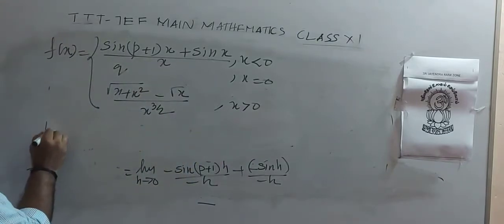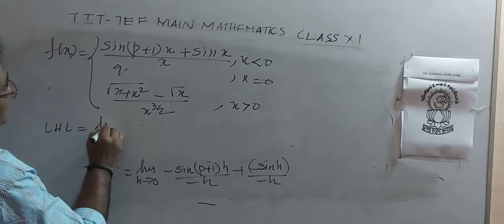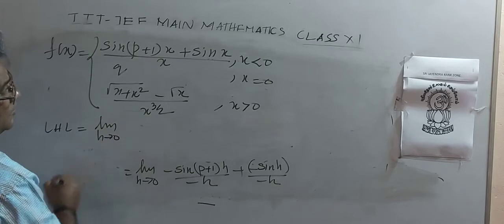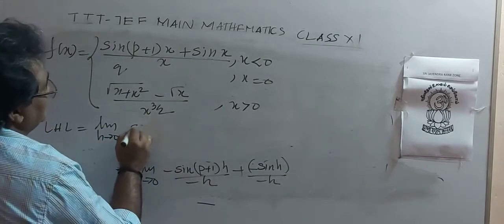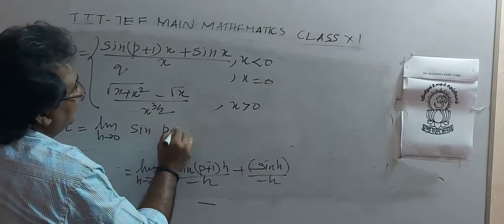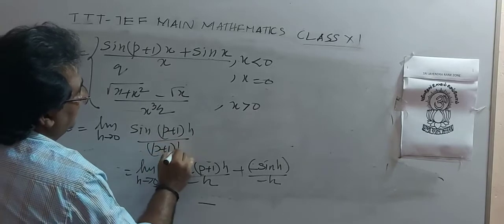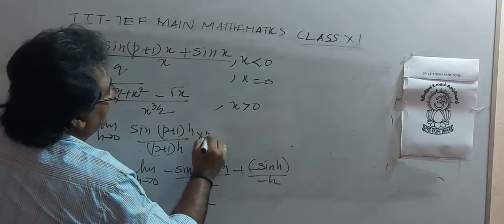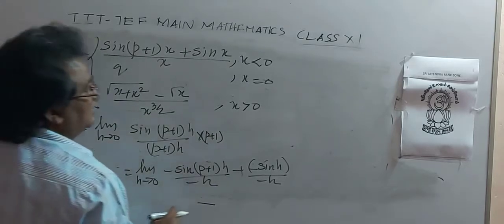So LHL equal to limit h tends to 0. If we can eliminate this sin, p plus 1 h divided by p plus 1 h into p plus 1, multiplying and dividing by p plus 1.